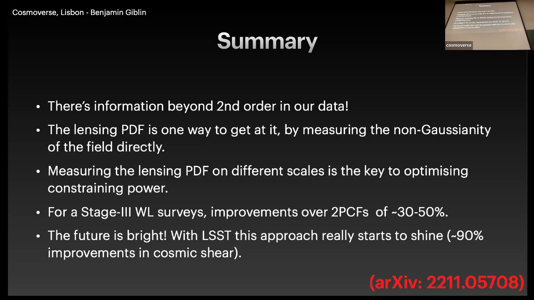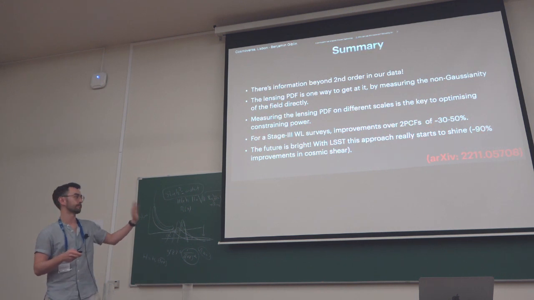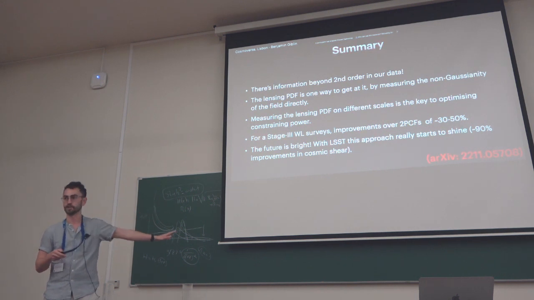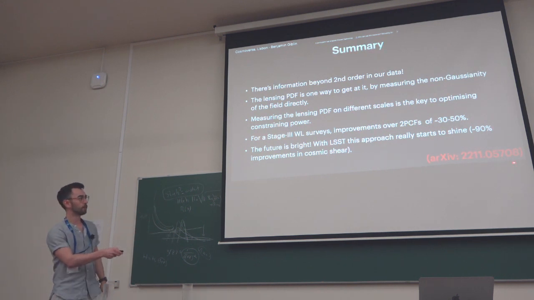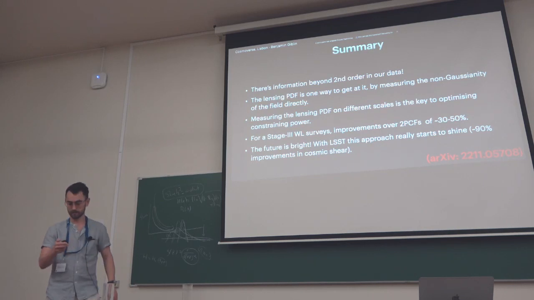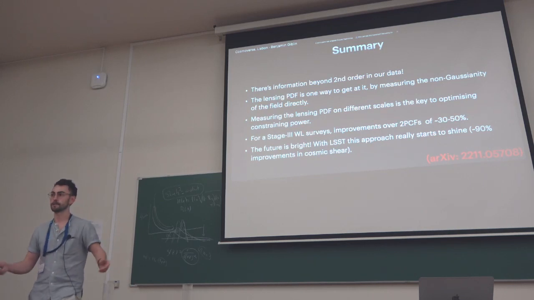For a current stage 3 weak lensing survey, we get these kind of improvements on parameters, not bad, but it's the future with surveys like LSST and Euclid where this approach is really going to shine. So you can see more in the paper at this arXiv link, and I'll take questions. Thank you.